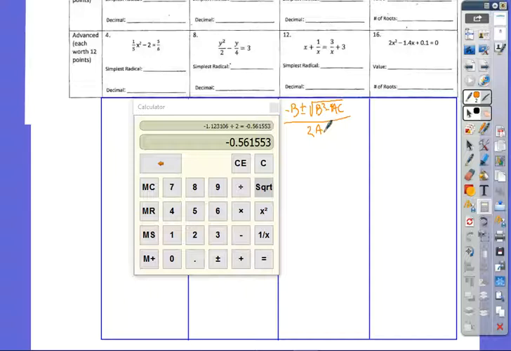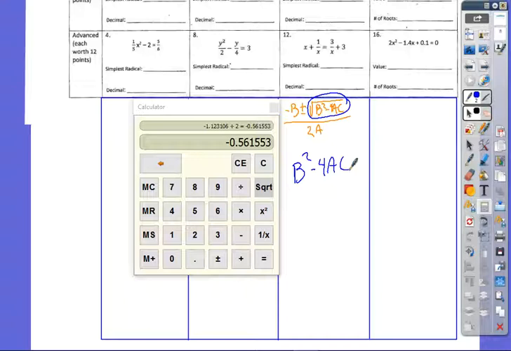Would you come up here and actually circle the discriminant? So the discriminant is our b squared minus 4ac. That is our discriminant.